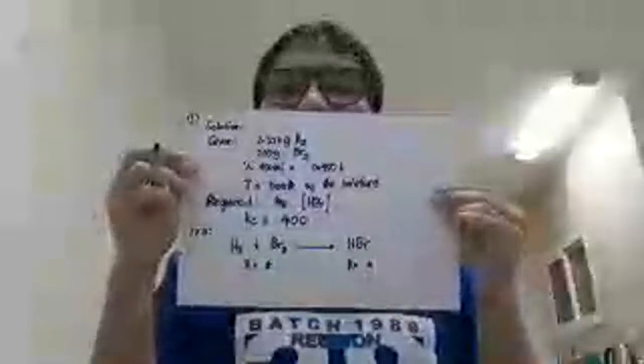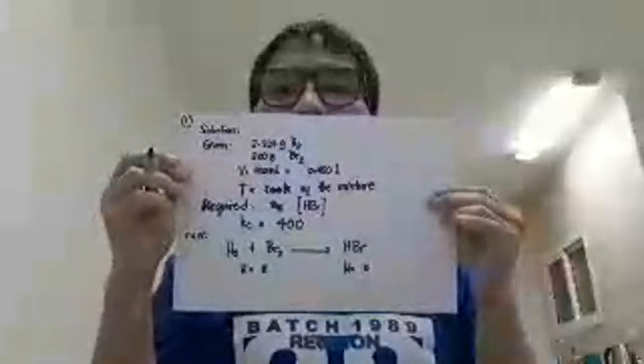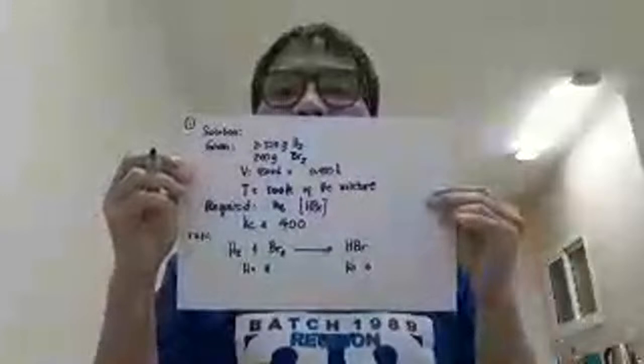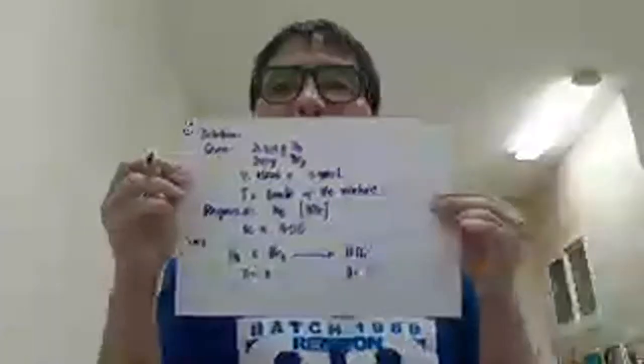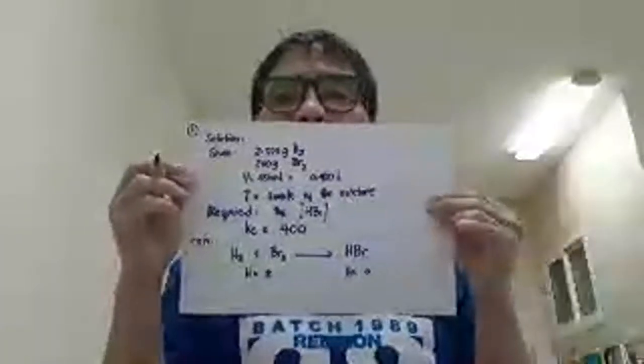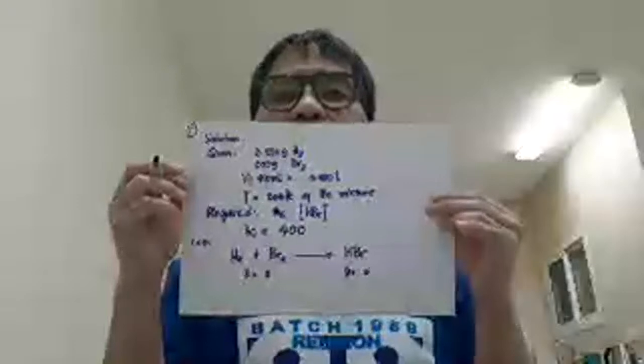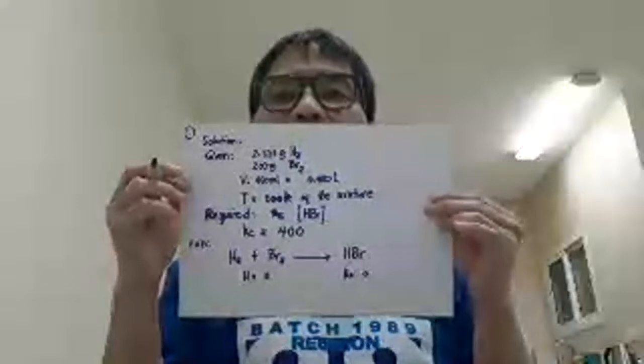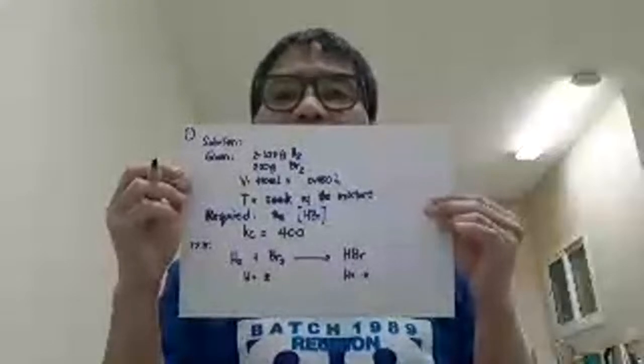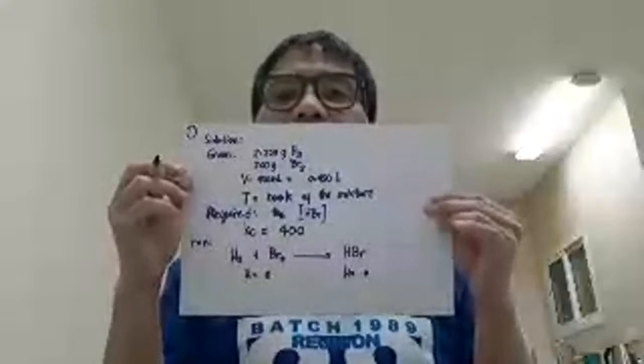Hydrogen is 2 in the reactant and 0 in the product, so the product is deficient in hydrogen atoms. The coefficient multiplied by the subscript gives the number of atoms, so put X beside HBr.